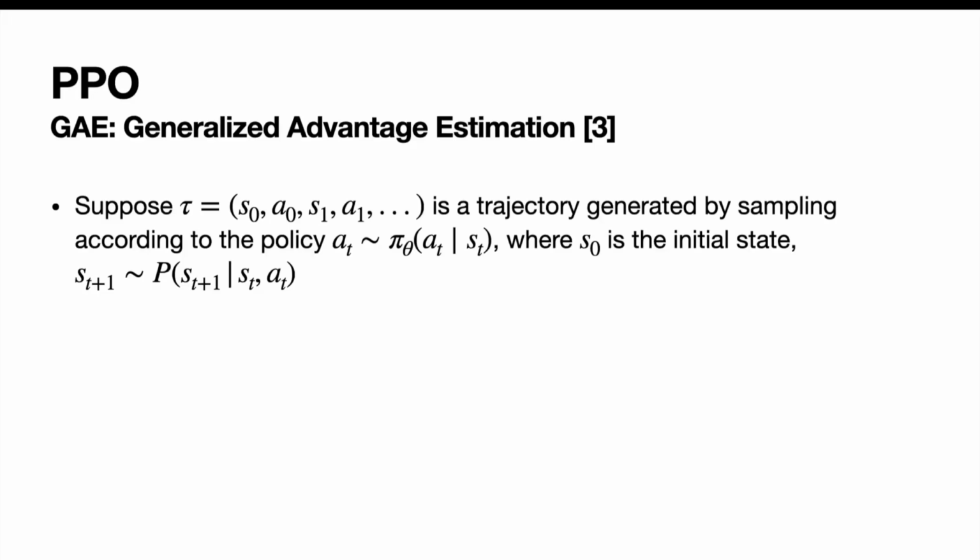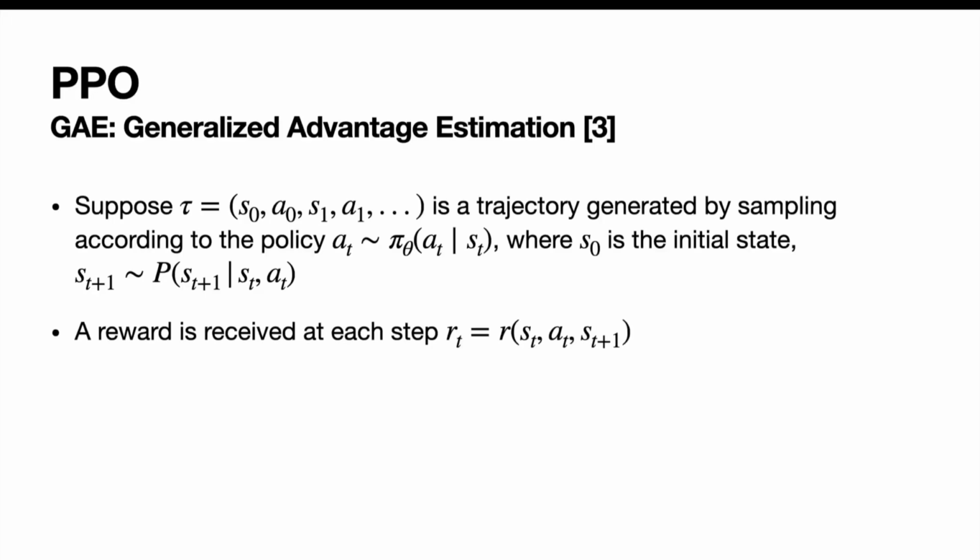At each time step t, the action a_t is sampled from the policy conditioned on the current state s_t. After the agent takes action a_t, the environment transitions to the next state s_{t+1}, according to the environment transition probability P. At each step, the agent also receives a reward r_t, which depends on the current state, the action, and the next state.